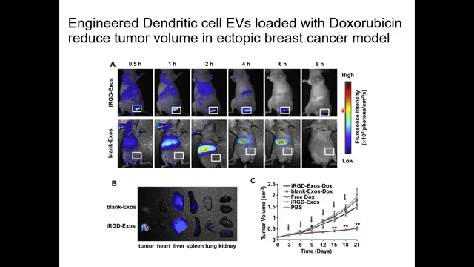This is another example of EVs derived from dendritic cells and loaded with doxorubicin, injected in an ectopic model of breast cancer tumor. And as you can see, the EVs are capably transmitting the drug to the tumor site.